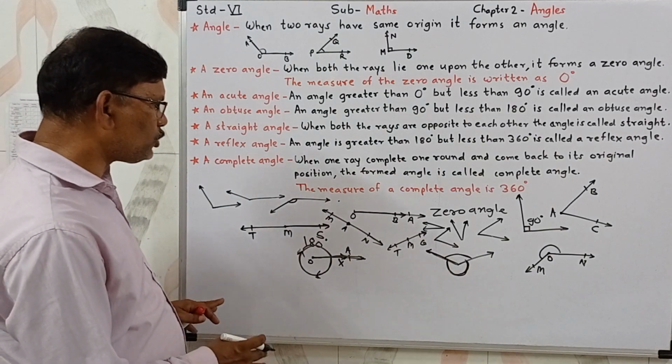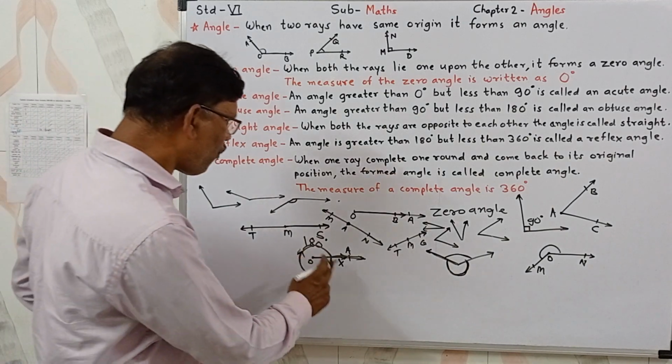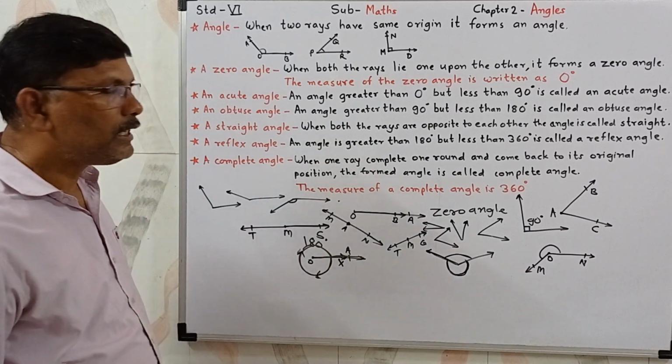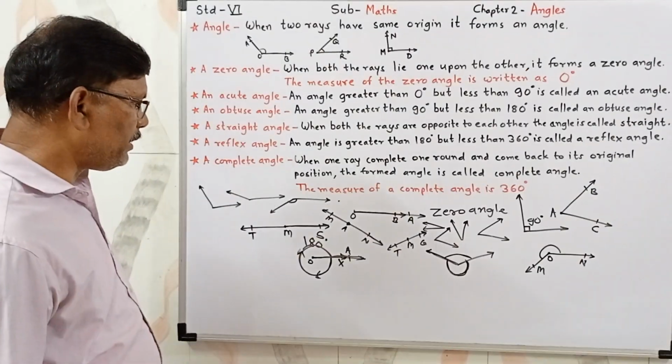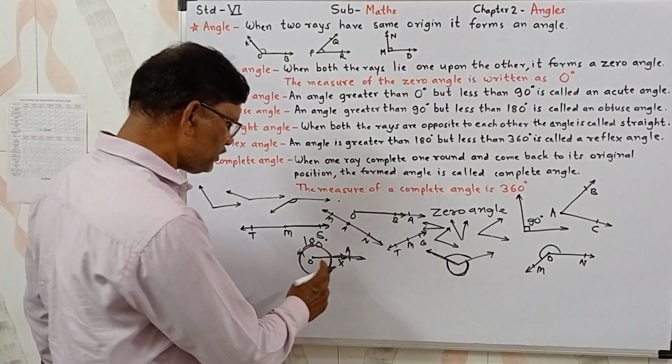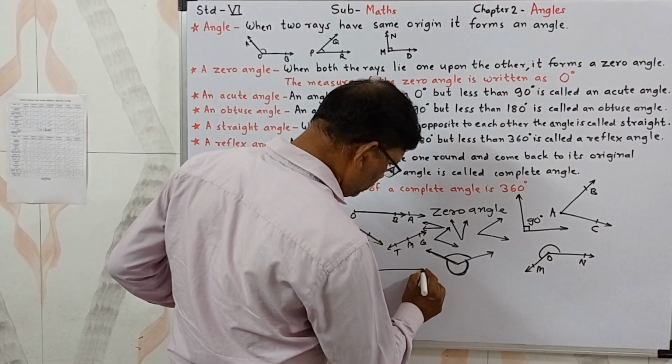When it comes back to its original position, the formed angle is called a complete angle. This is a complete angle.